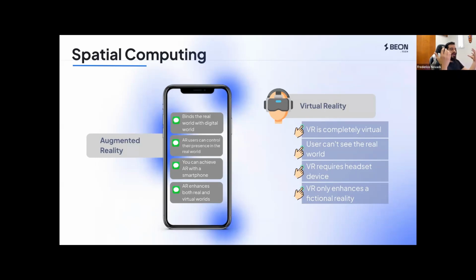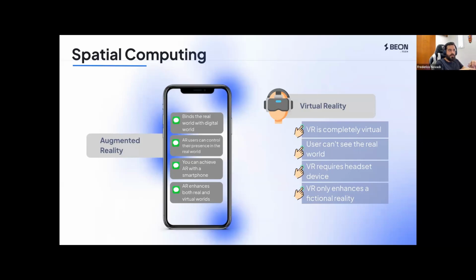All right, AR users can control their presence in the real world. Okay, so if I'm using AR, I can see my surroundings. I can interact with the real world. Okay, you can achieve AR with a smartphone. You don't need to have a headset to achieve AR. Okay, I'm gonna show you some examples. AR enhances both the real and digital, virtual worlds.